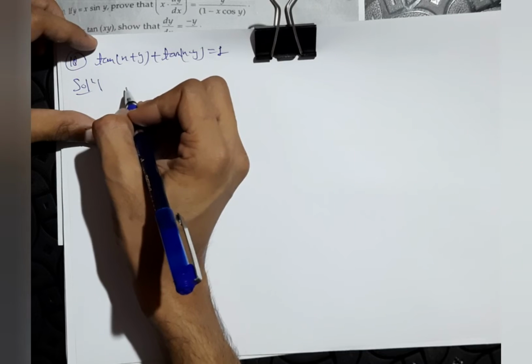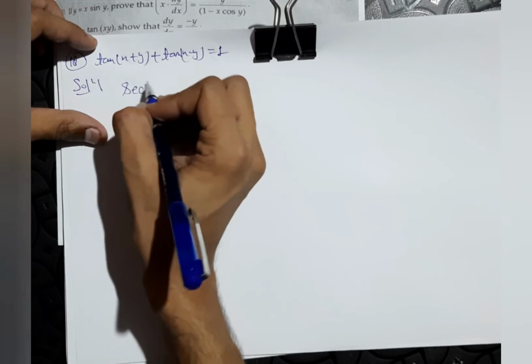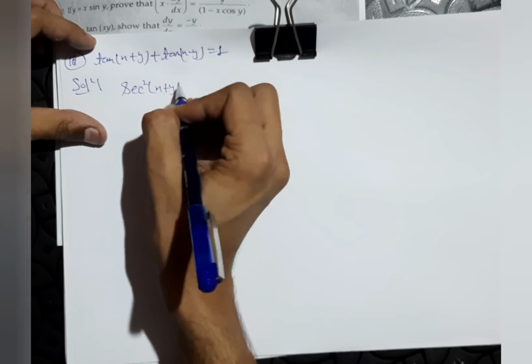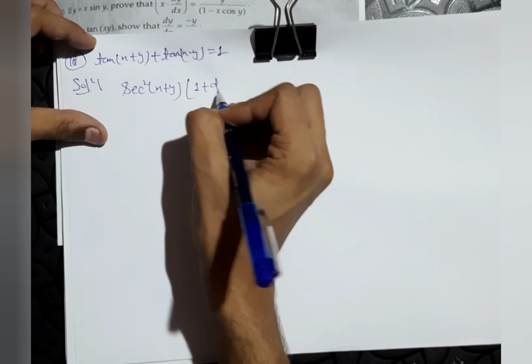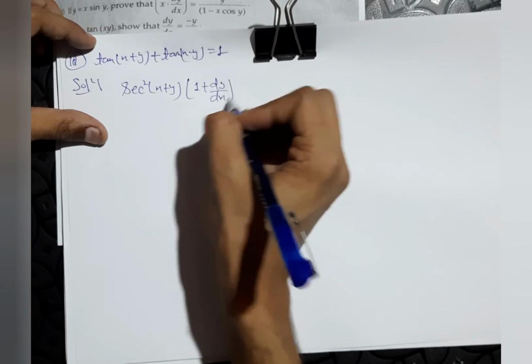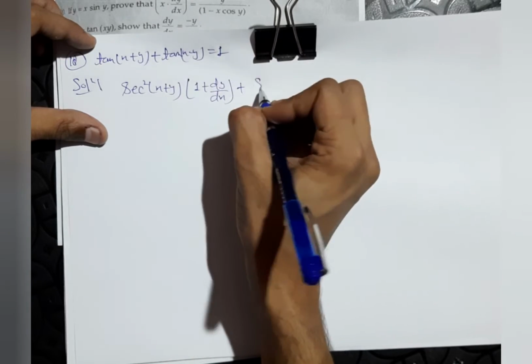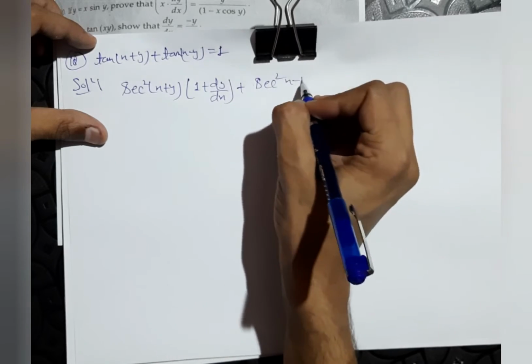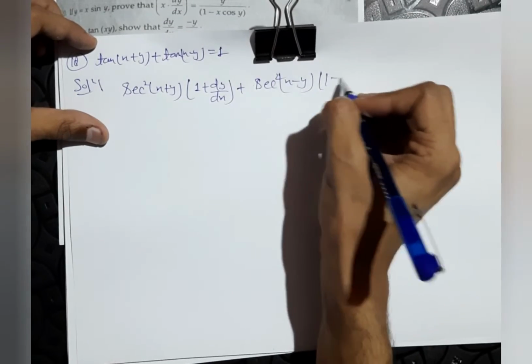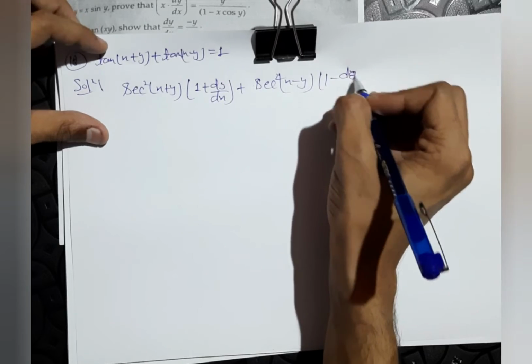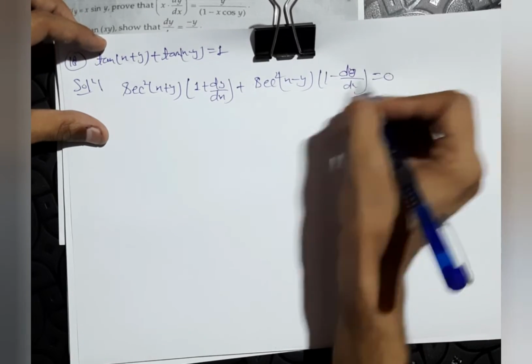So the differentiation of tan of x plus y will be sec square of x plus y, and x is 1 and y is dy over dx. Now same, sec square of x minus y and 1 minus dy over dx equals 0.